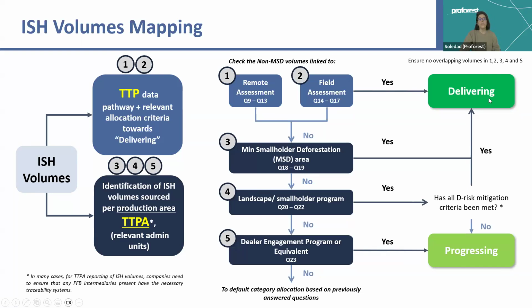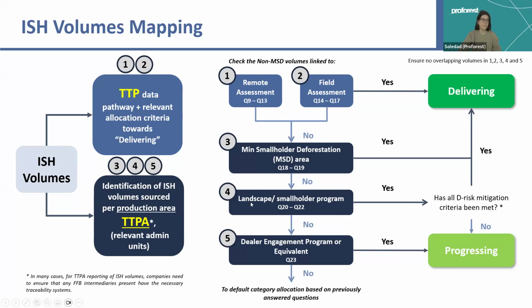And if they do, then those volumes will go into delivery. If you don't have that visibility, you could go into whether your volumes are linked to a landscape program. If they are linked to a landscape, then you will have to check whether this landscape meets the de-risk mitigation criteria, and if so, you will go into delivery.